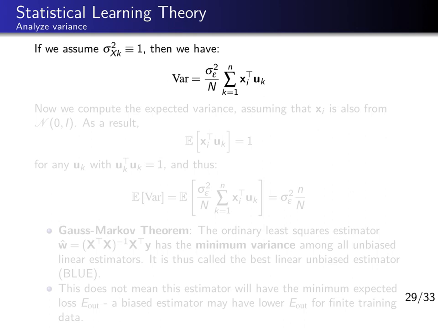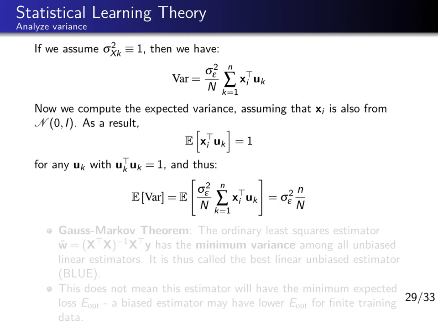We then make a few more assumptions about the statistics of the data here and eventually obtain the result that under those assumptions the expectation value of the variance is equal to the noise factor multiplied with little n divided by capital N. So little n is the dimension of the data and capital N is the number of data points.